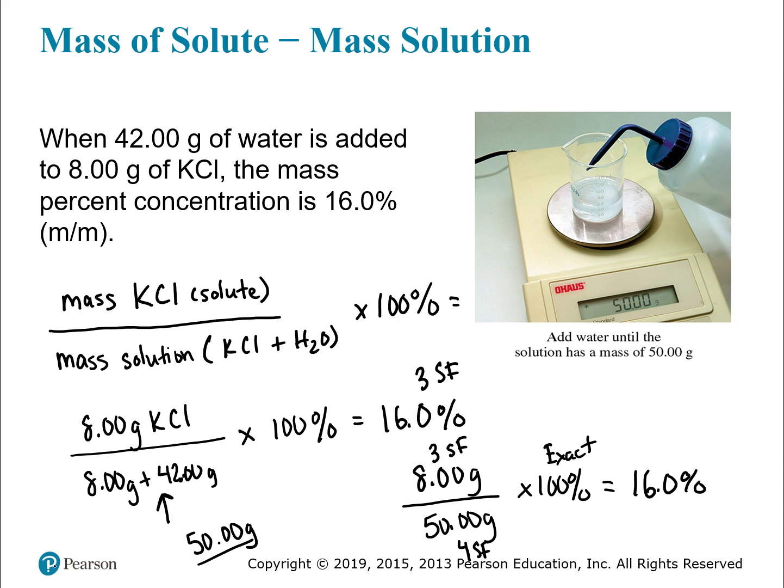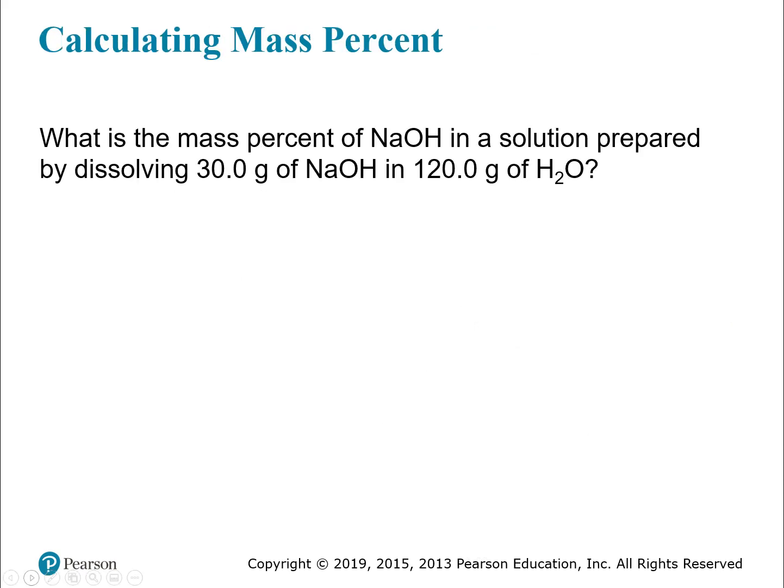So let's try a problem. Let's calculate the mass percent. What is the mass percent of sodium hydroxide in a solution prepared by dissolving 30 grams of sodium hydroxide in 120 grams of water? Like we said at the beginning, water is a very common solvent.